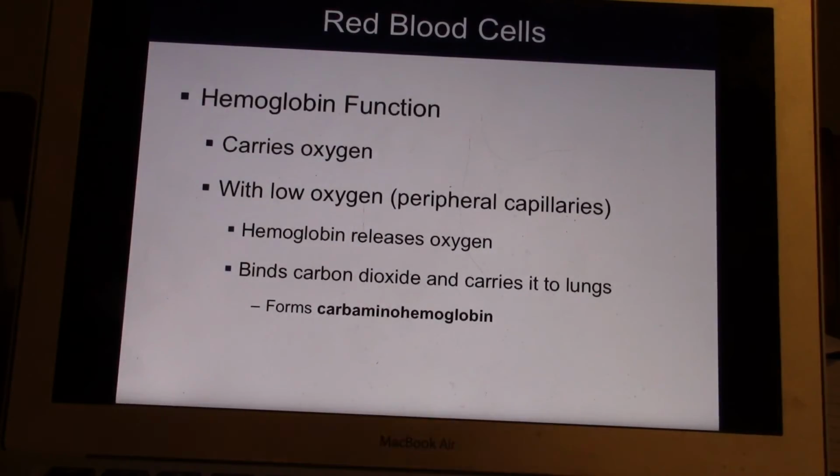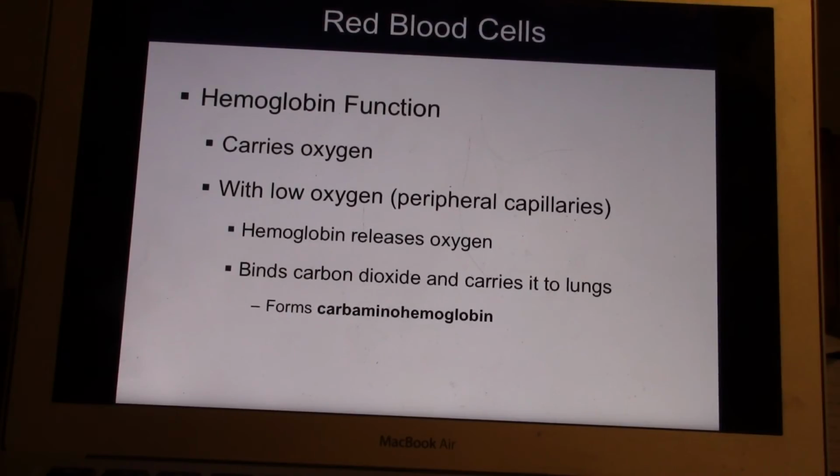So we've already said that the only function really that hemoglobin has is carrying oxygen, but it also carries carbon dioxide back. And so that's really another function it has. So it carries oxygen out to the periphery, out to the finger, and it brings carbon dioxide back.